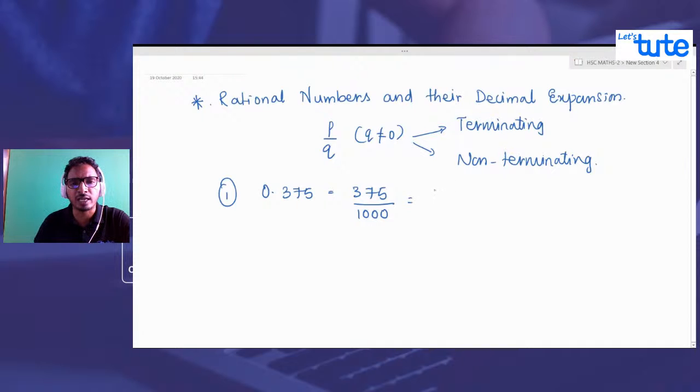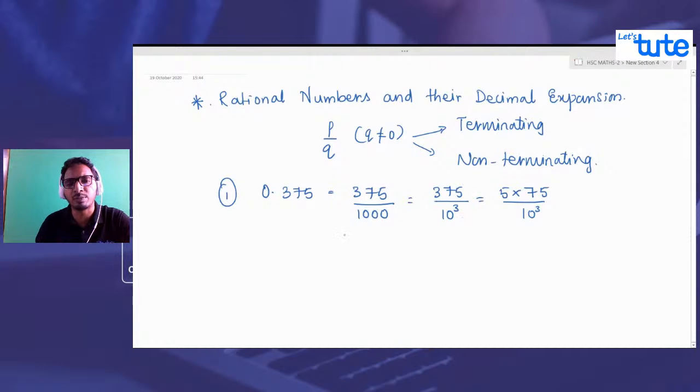It can be written further as 375 divided by 10 cubed. And this 375 can be written further as 5 multiplied by 75.